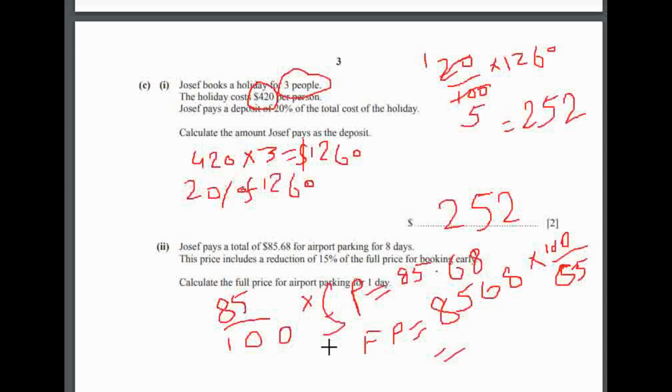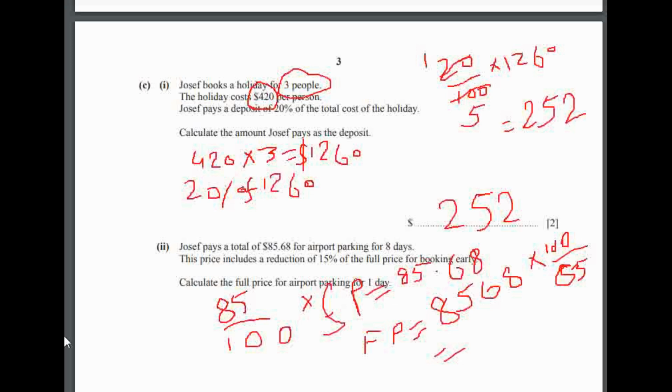So we can use the calculator here to calculate this. 85.68 into 100 divided by 85. It comes out to be 100.8.